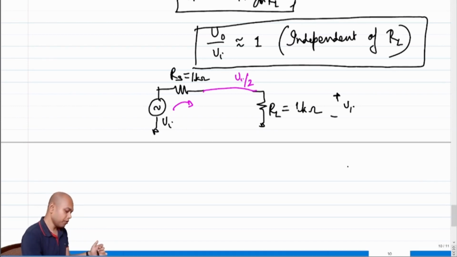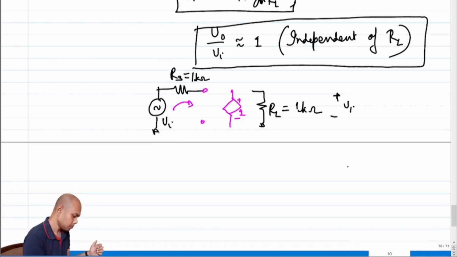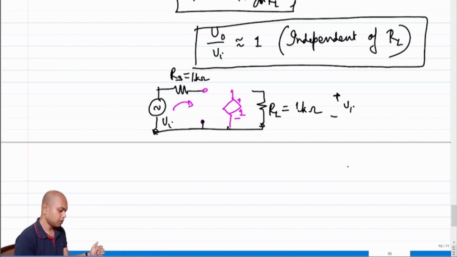Now what are we doing? We are putting a voltage controlled voltage source of gain 1 between the input and the output, okay?